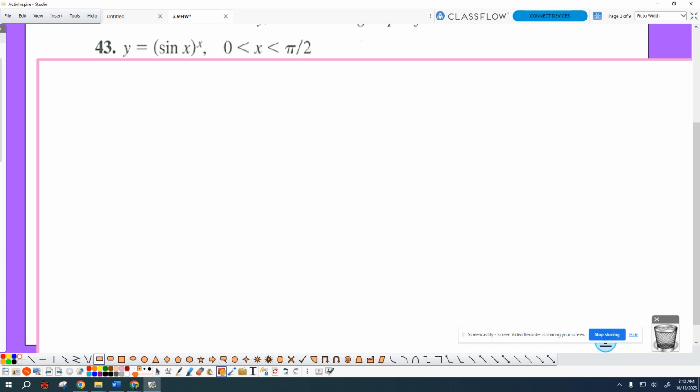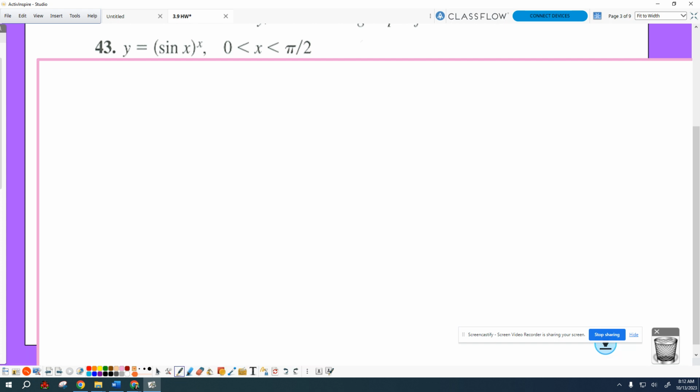They're both moving targets. How do we start these? So you do ln to both sides. Yep, totally. Do ln to both sides.